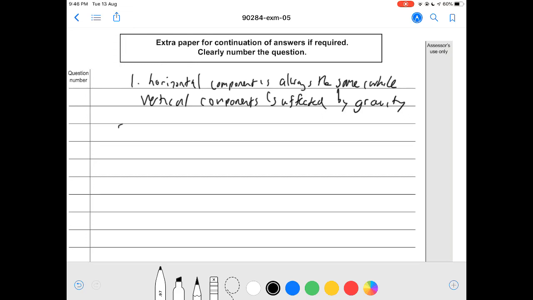These are really important points you need to remember. Number two, acceleration is always 9.8 meters per second squared, acting downwards.